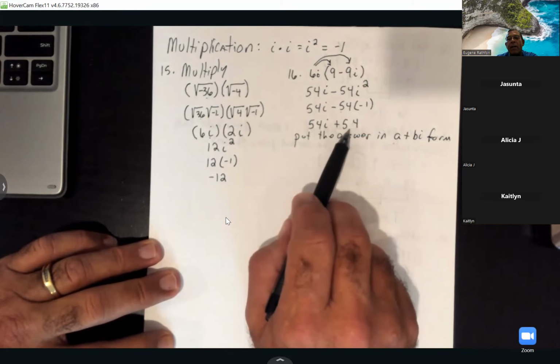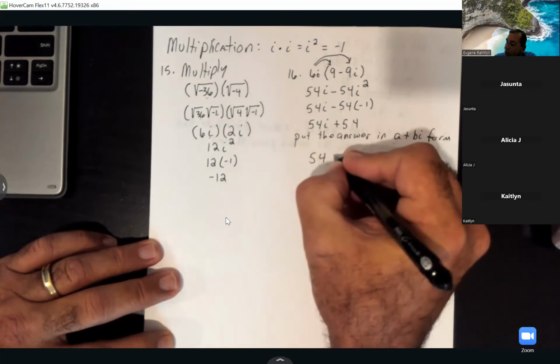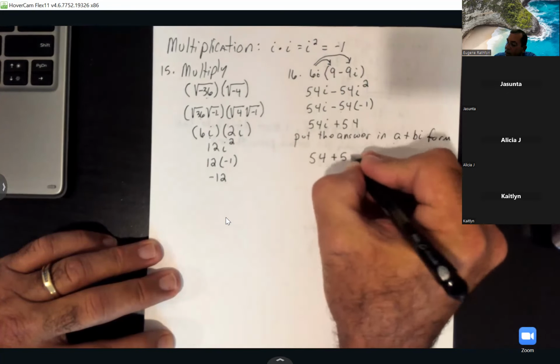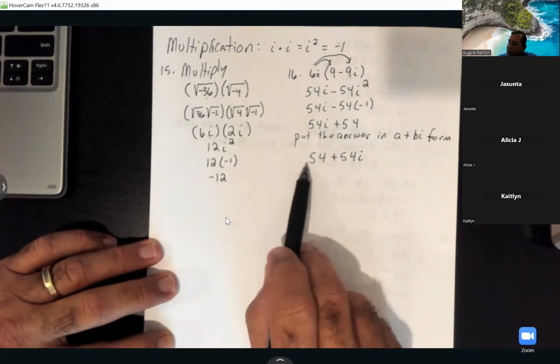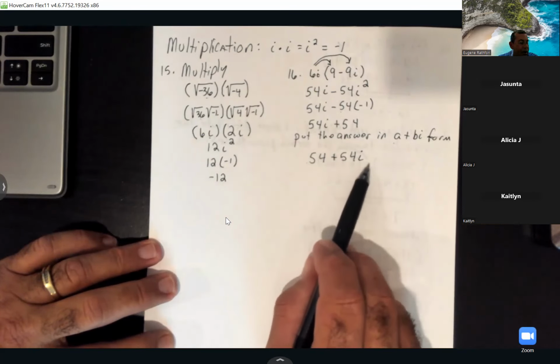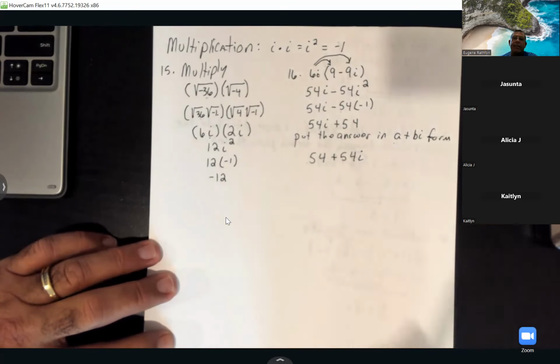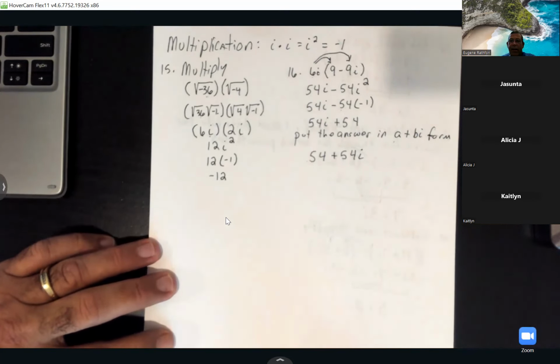Our real number is the 54, so we're going to bring the 54 down first, and then we'll put our positive 54i. So you always got to have the real number first, y'all, and then the imaginary number second on these, okay? Oh, y'all got any questions yet?